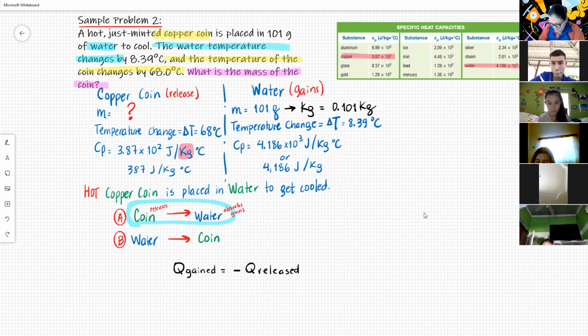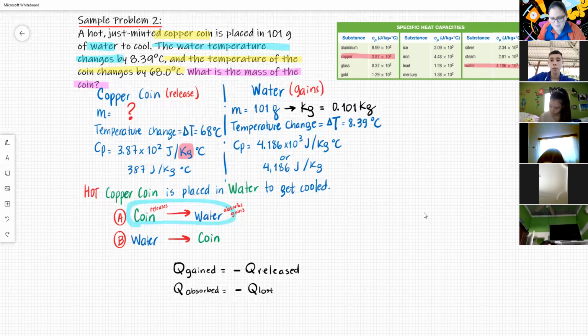Another way to write it is Q absorbed is equal to negative Q lost. The two mean the same. Okay, the two mean the same.